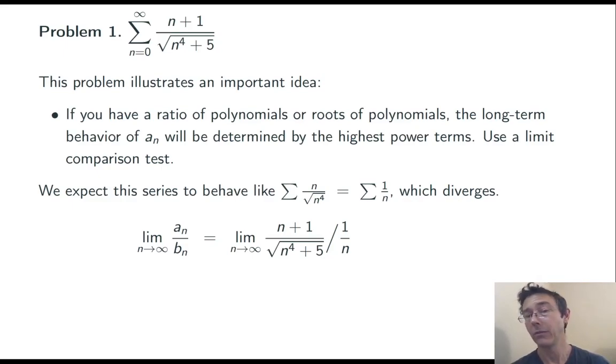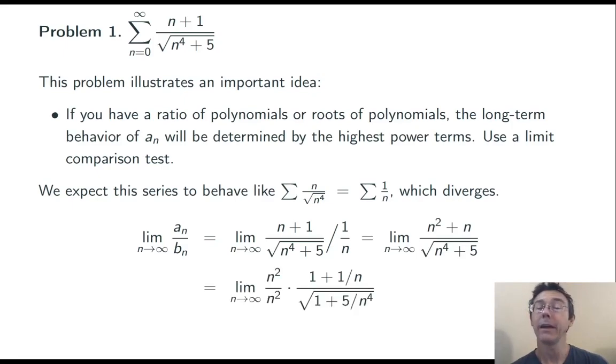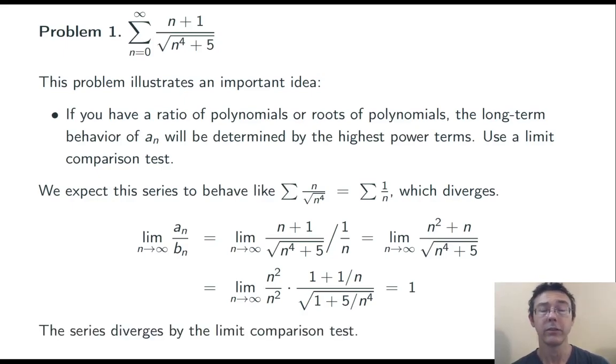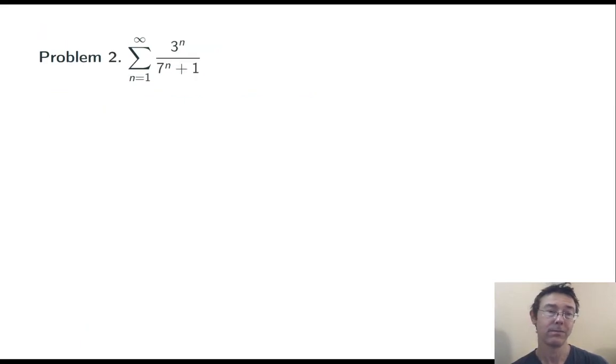So I'm going to do that division by multiplying by a reciprocal, and then I'm going to evaluate this limit by factoring out an n squared from the top and bottom. Those cancel, and then as n goes to infinity, the rest of that just gives me 1. So by the limit comparison test, these two series have the same behavior, and our series does diverge.